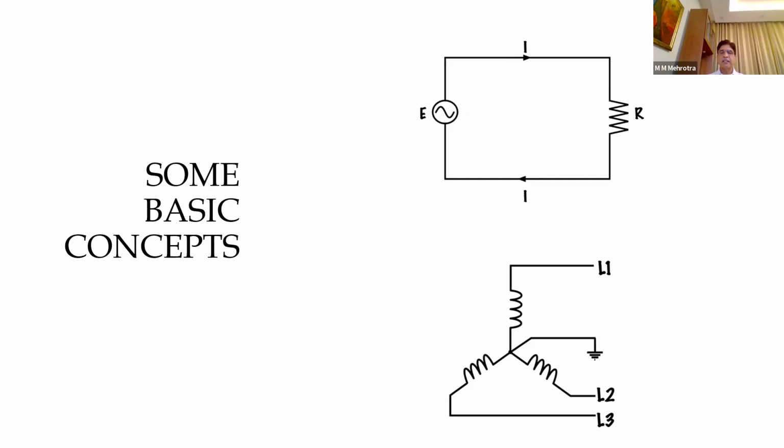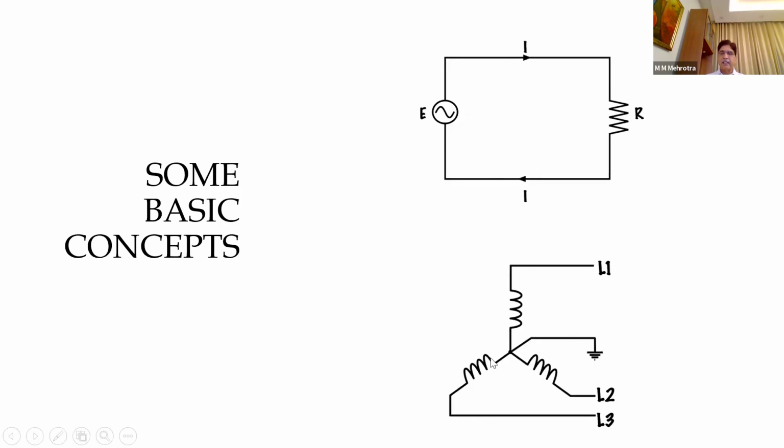Now come to the bottom figure. The bottom figure is three phase, in which these three loads are connected in this fashion. The star point replaces the bottom one here. Now the neutral in a three phase system carries the vector sum of these three phase currents.